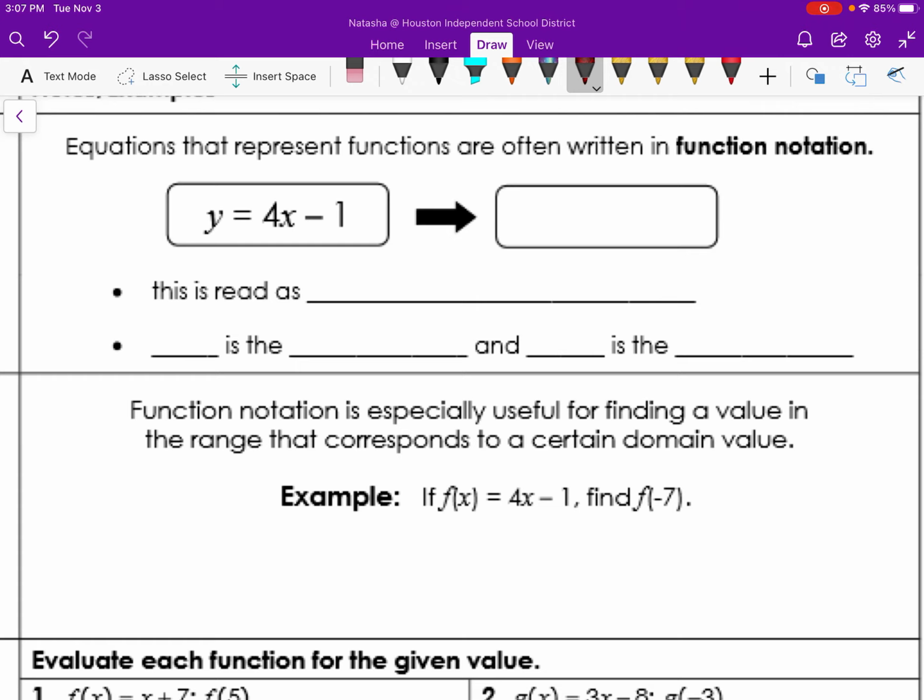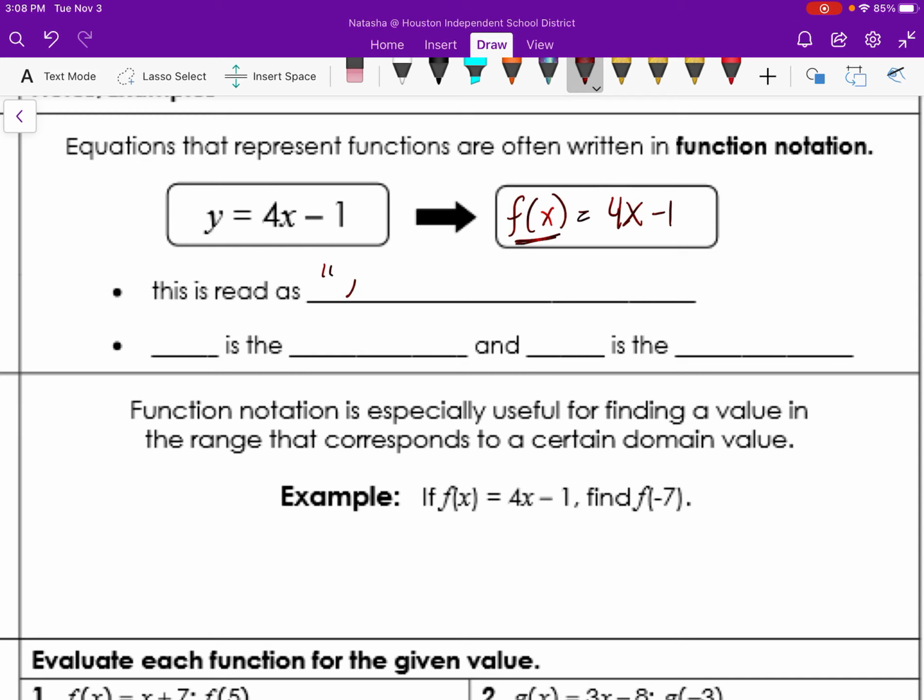So the way that I represent a function notation, if I have this normal equation, y is equal to 4x minus 1, I'm going to write it this way. I'm going to put f, and then in parentheses, I'm going to put x, and that's going to be equal to 4x minus 1. So all I did was I replaced the y with this f parentheses x.